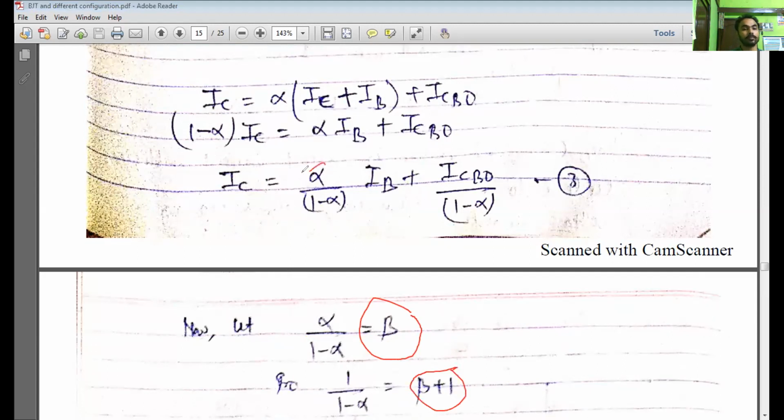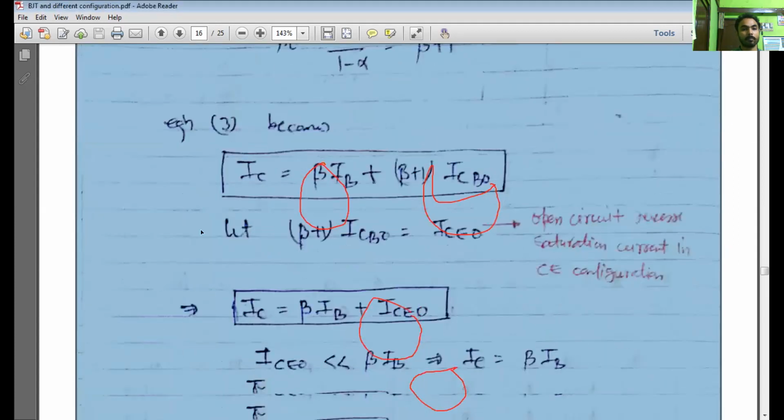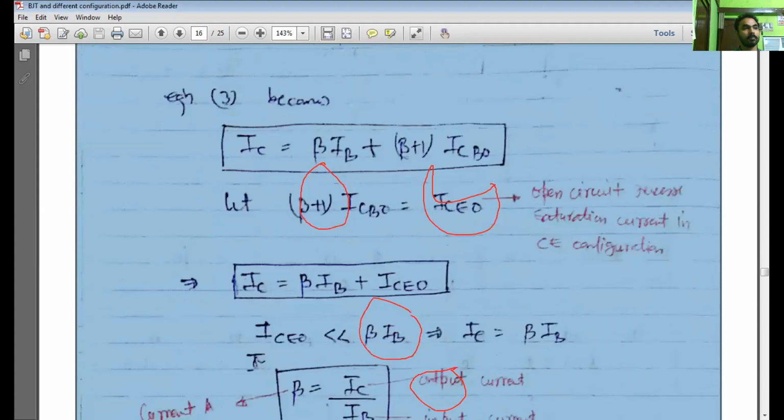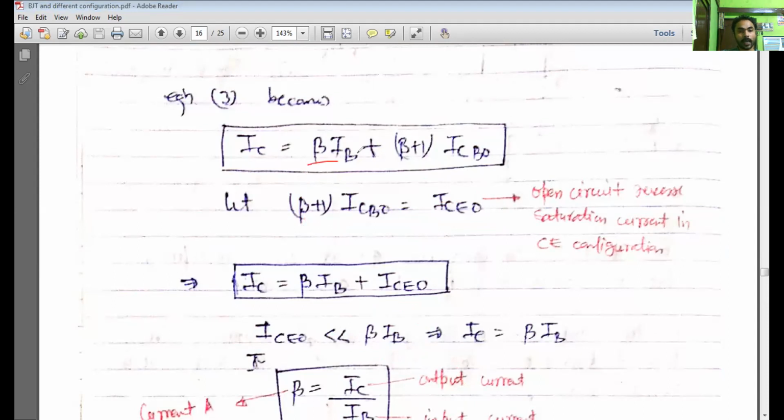So this section becomes beta, and this section becomes beta plus 1. Now the equation turns out: IC is equal to beta IB plus (beta plus 1) ICBO.